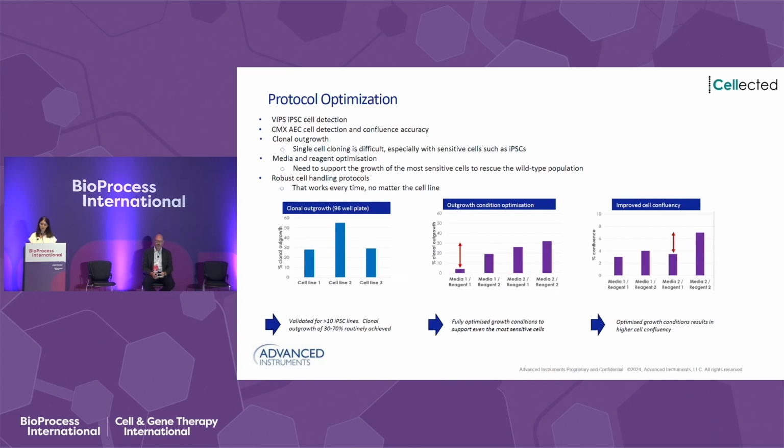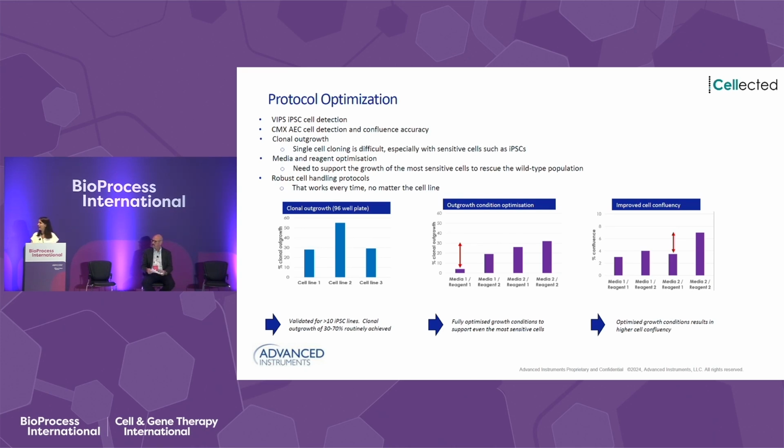So as part of this process, they ran a few different rounds of protocol optimization. So they split this into 5 key areas. The first is they had to ensure that the single-cell seeder could correctly identify the iPSC cells. From here, they then needed to ensure that they were able to monitor the growth through whole well imaging and ensure the cell detection at that point.